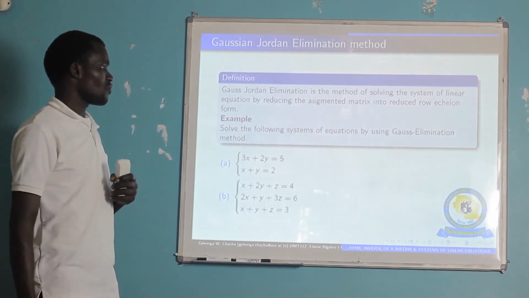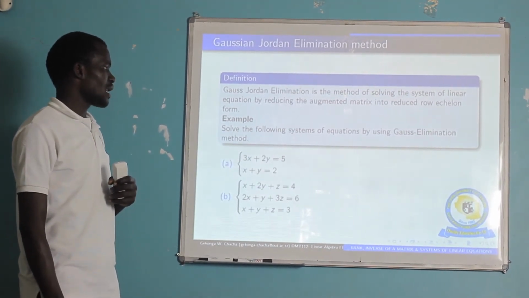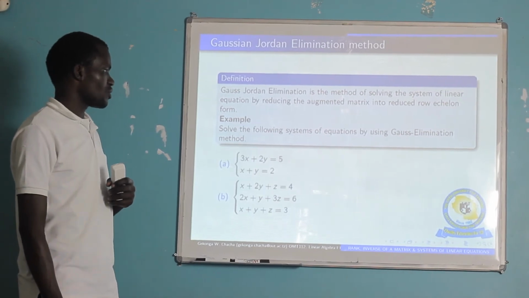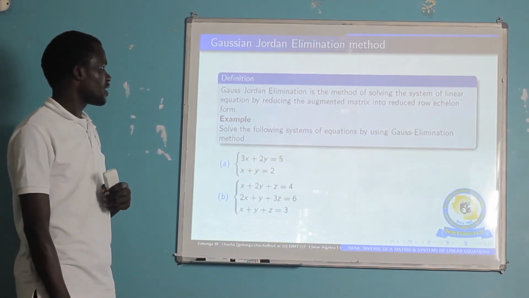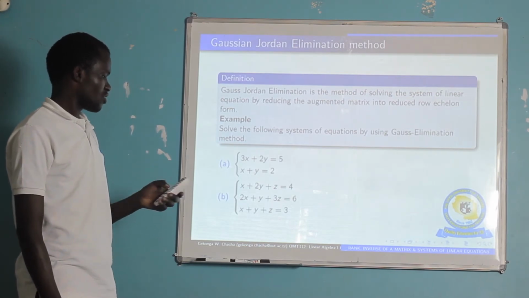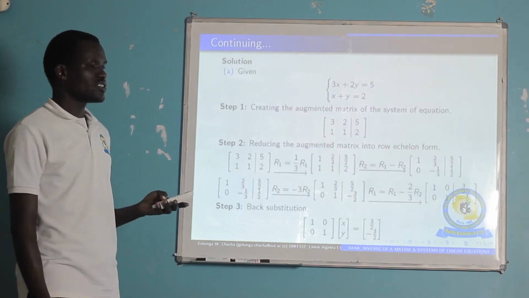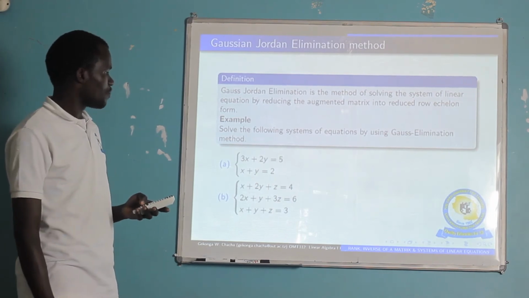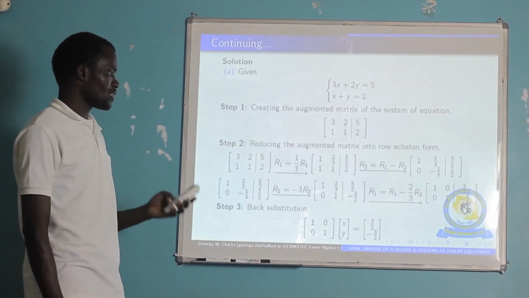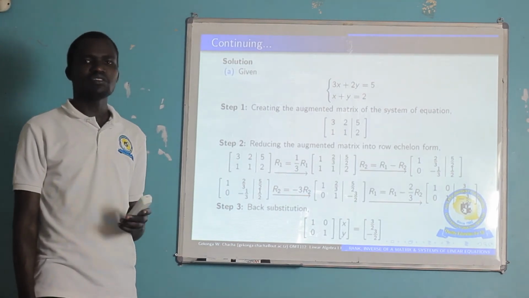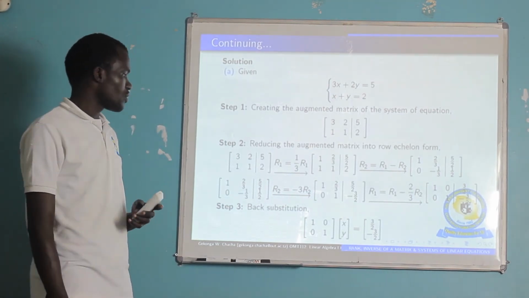Solve the following system of equations by the Gauss-Jordan elimination method, which is by using this reduced row echelon form. So, we follow the same procedure, but what is different here? We reduce to the reduced row echelon form.